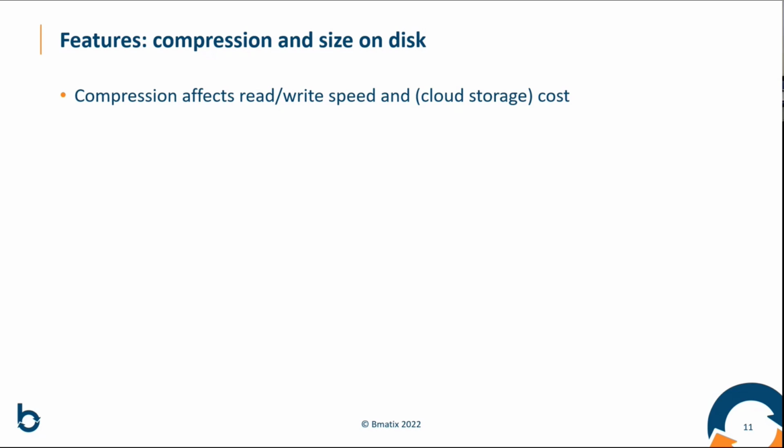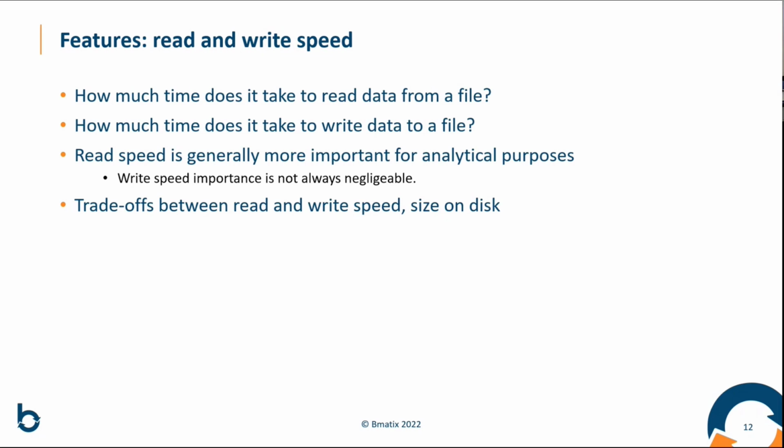Then write speed can also be a factor, especially for applications like Internet of Things applications, where speed is of the essence, where you want your rows available as fast as possible on disk. So compression and size on disk are very important, but there are of course some trade-offs, as with computer science.